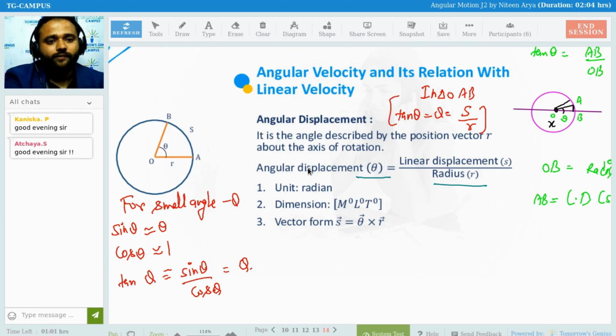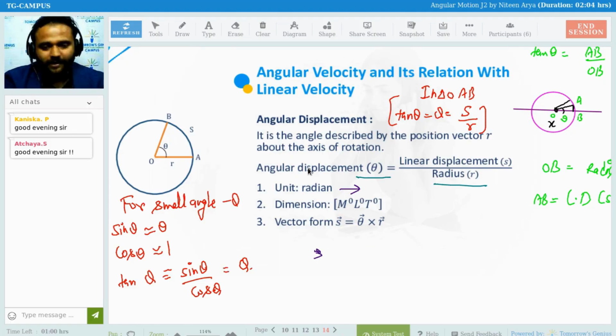In this way we find the relation: angular displacement theta is linear displacement upon radius. The important thing is the unit. The unit is radian. The dimension is obviously M0 L0 T0, dimensionless, and in vector form S is theta cross r.